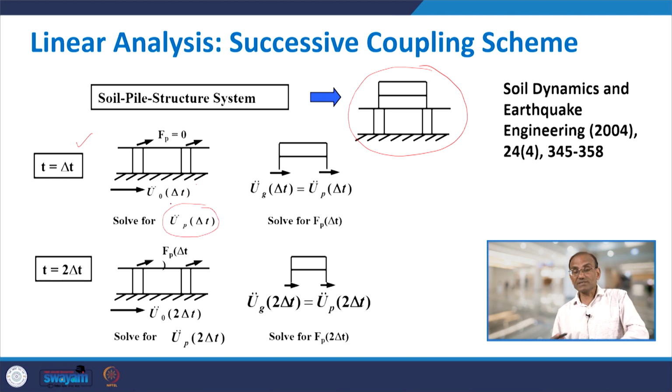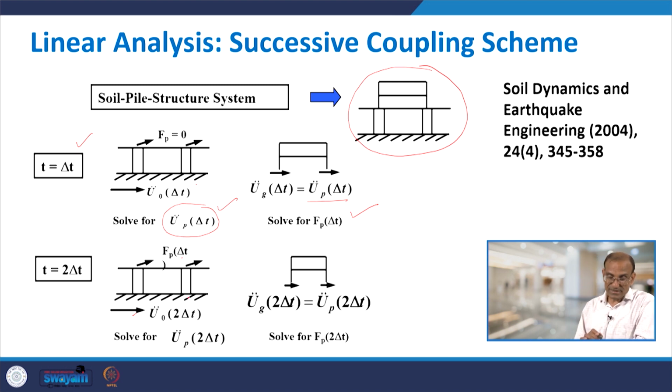Now when you consider the structure subsystem, it is subjected to the motion due to the up delta t which you found in this first step, and it is also subjected to the input motion coming in. So we analyze this system. Now in the second step, when you go to the pile foundations, it is subjected to both the input motion coming from the earthquake and the inertial load, the same Fp delta t, found in the structural analysis of the building in the first step.